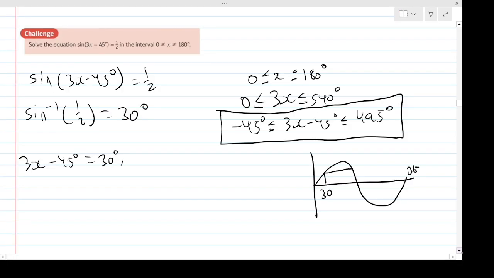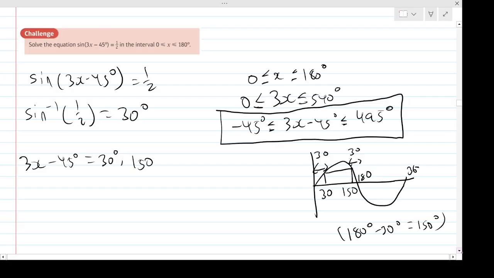Then the other solution has the same gap from the other end of the curve, between 180 and the next solution. So the next solution is 180 take away 30, which is 150. That's how I've got the solution.